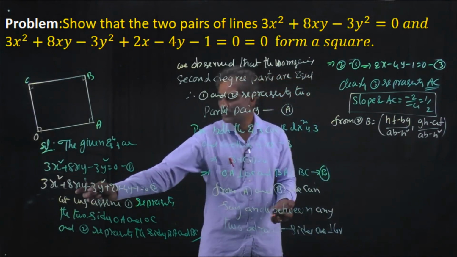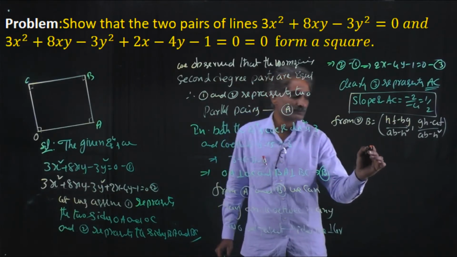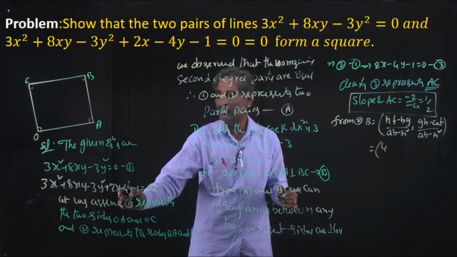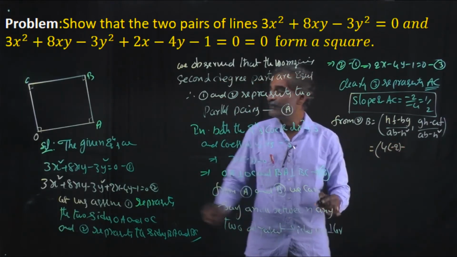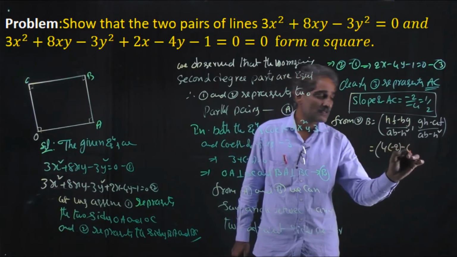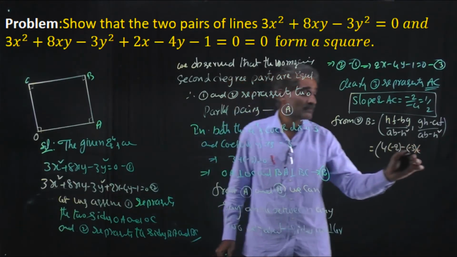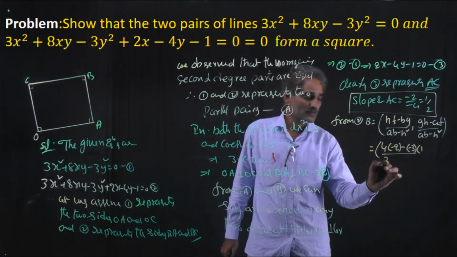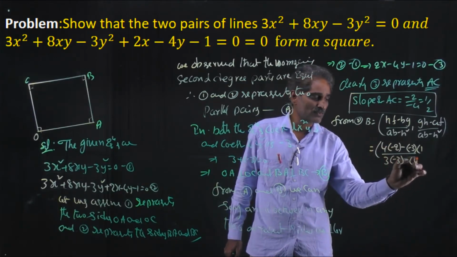Here just observe that 2hxy, 2h is equal to 8, h is equal to 4. 2fy, 2f equal to minus 4, f equal to minus 2. b equal to minus 3, and 2gx means g is equal to 1. The value of a is 3, b is minus 3, and h is 4, so h square.